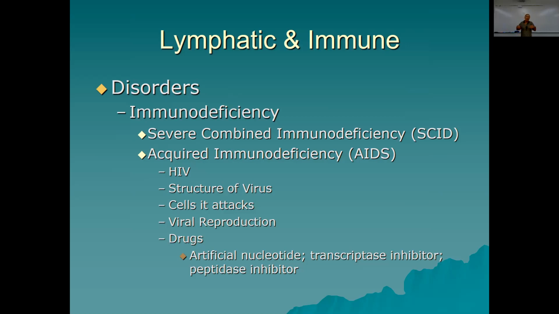And then they hijack our machinery, our RNA transcriptase, to make its viral RNA. Well, they have a drug now that inhibits that reverse transcriptase and prevents the DNA being made from the viral RNA. And finally, a peptidase inhibitor.